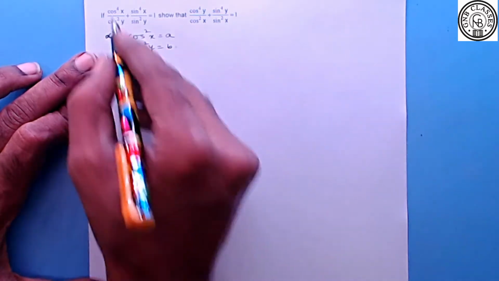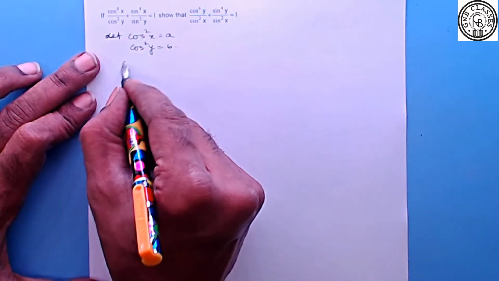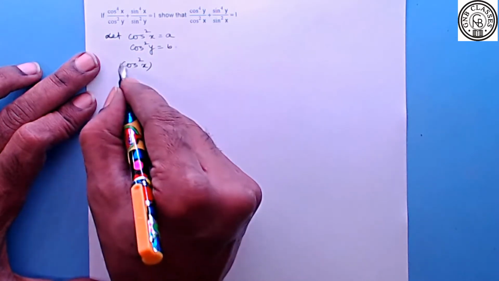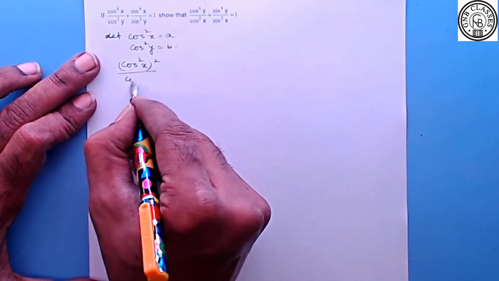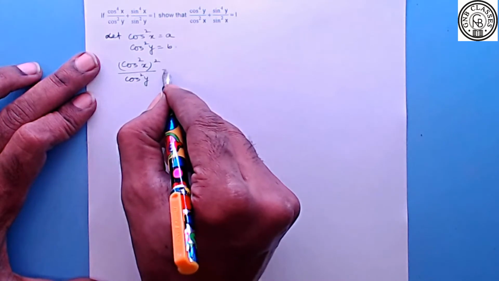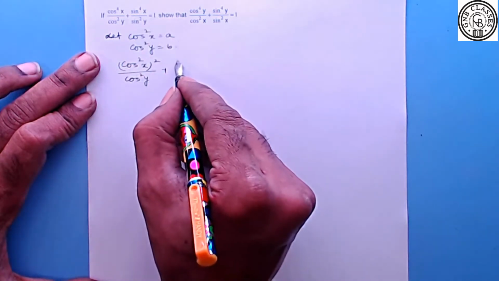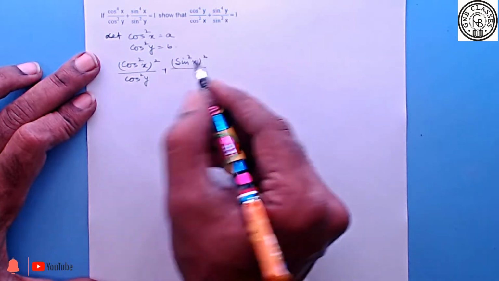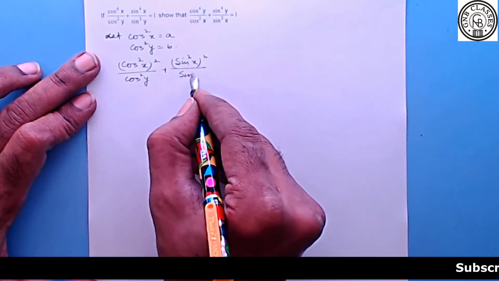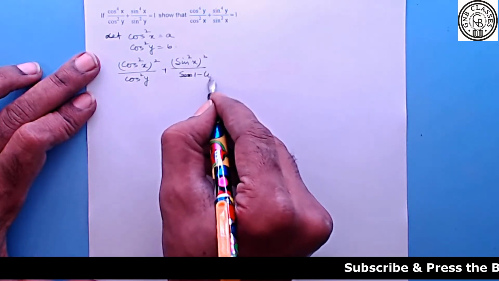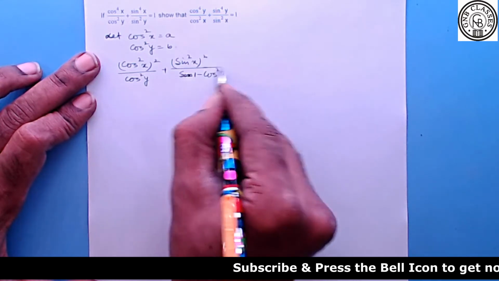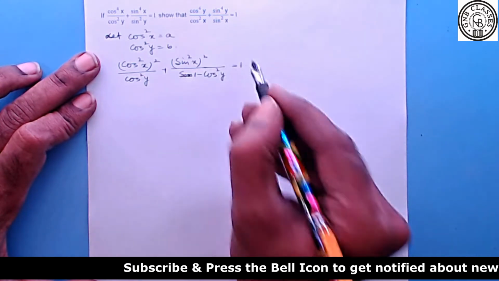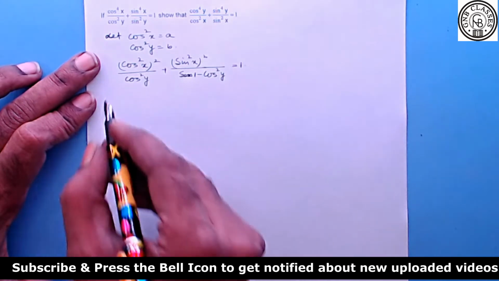Okay? So the given condition will become, look very carefully, (cos square x) whole square by cos square y plus sin to the power 4x, which can be written as (sin square x) whole square by sin square y, which can be written as 1 minus cos square y, which is equal to 1. Is it clear?